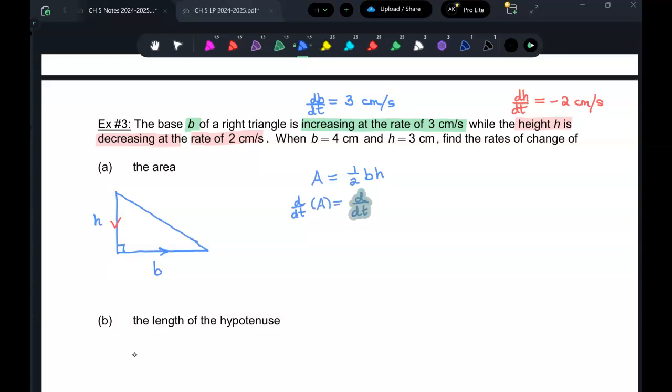Now, if you want, go ahead and leave 1/2 out in front. You don't have to. You can leave it as 1/2 base times height. Okay, on the left side, what do we get? We get dA dt.